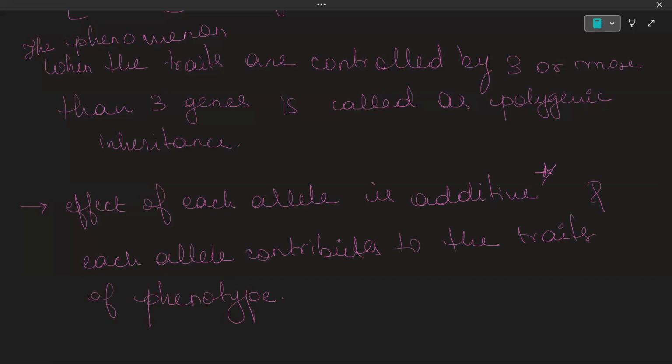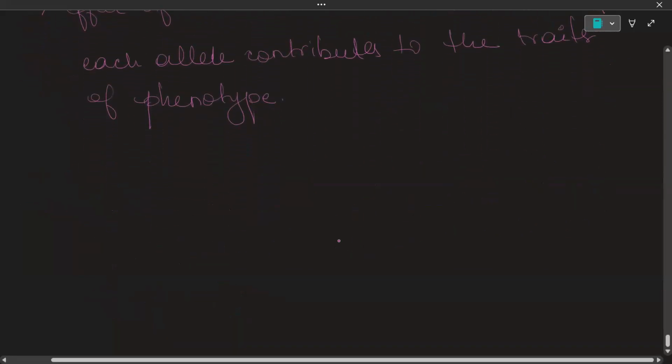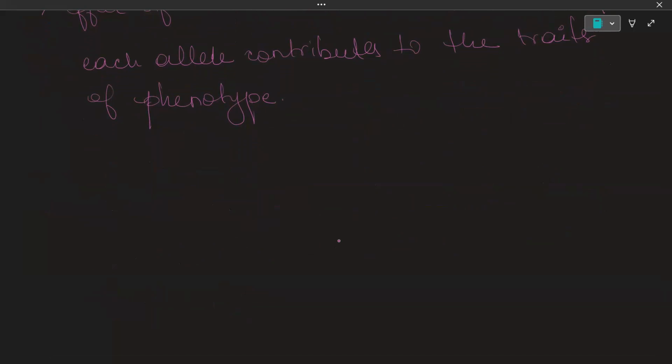Now, let us talk about another phenomenon, that is pleiotropy. Now see, when one gene can exhibit many different types of phenotypes, multiple phenotypic expression, that type of gene is known as a pleiotropic gene, and this phenomenon is known as pleiotropy.